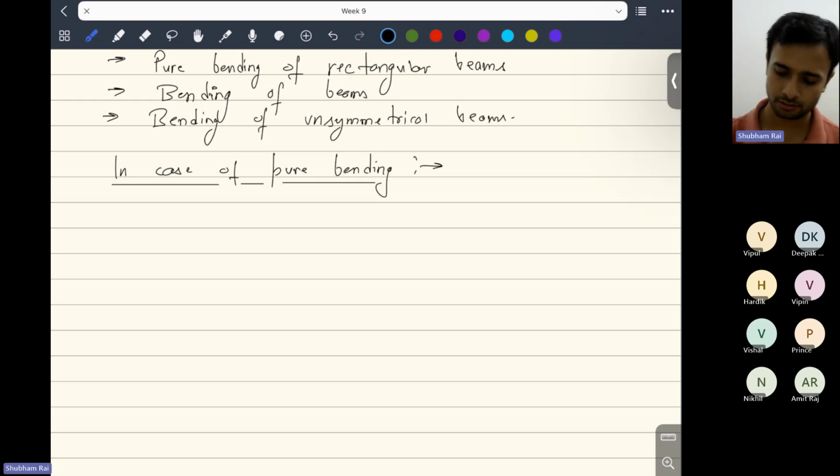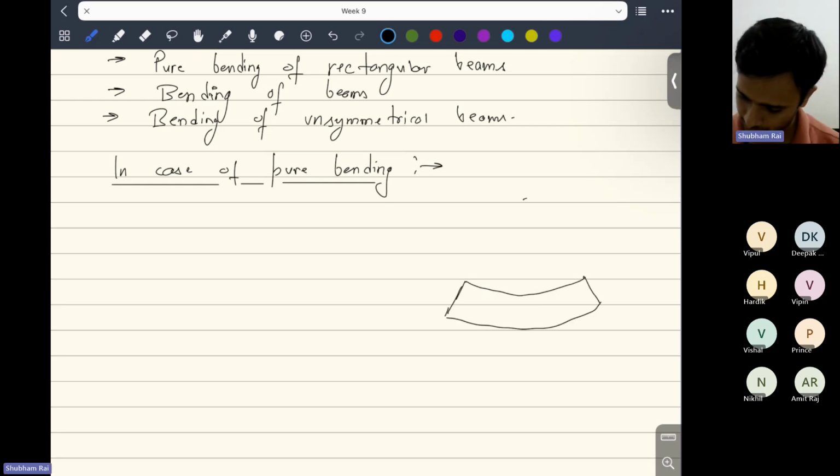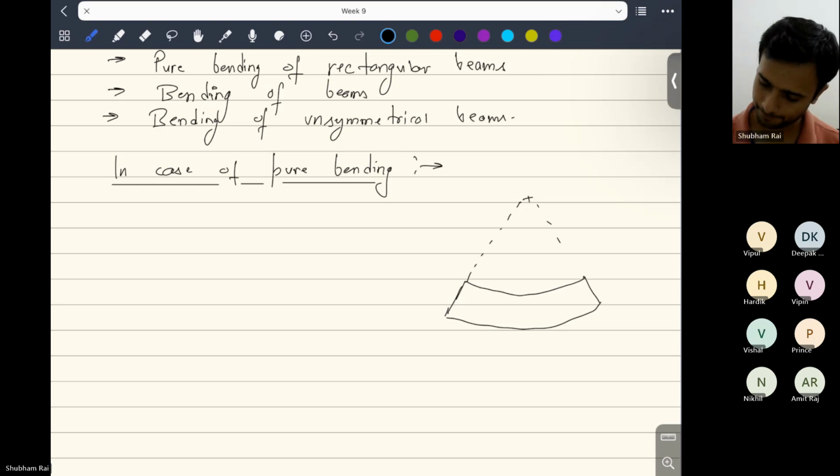So let me first draw the diagram of the beam. This kind of curvature. And let's say this is the center of radius of curvature.